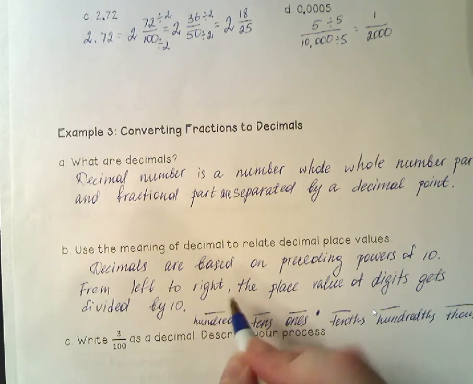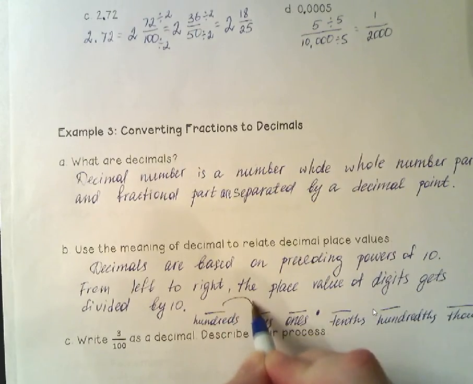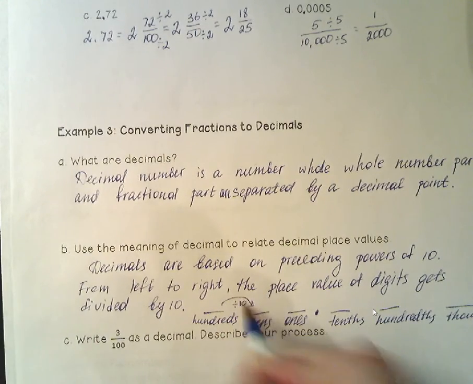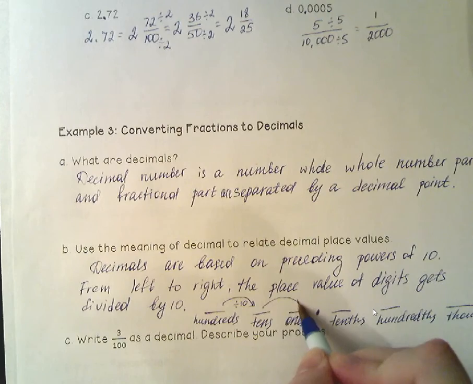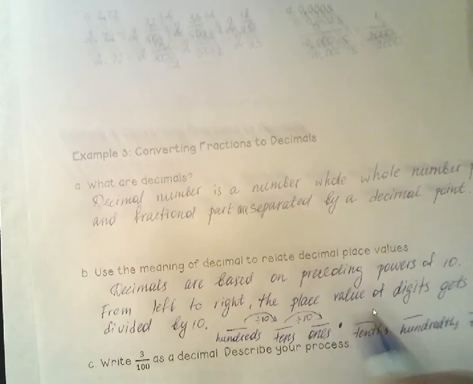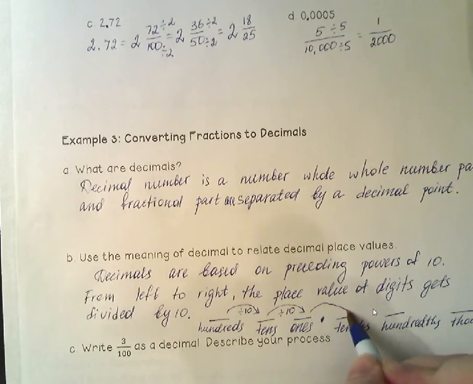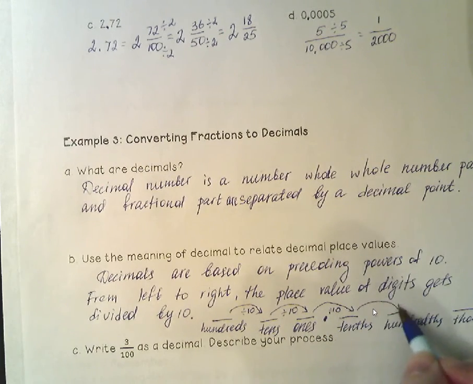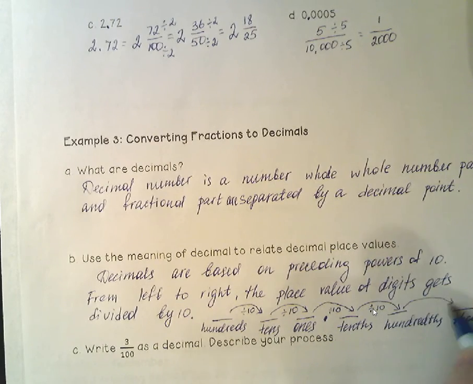From hundreds to tens, this is divided by 10. From tens to ones, divide by 10. From ones to tenths, again divide by 10. From tenths to hundredths, again divide by 10. That's what's called preceding powers of 10 divided by 10. So in every single case, from left to right, the value gets divided by 10.